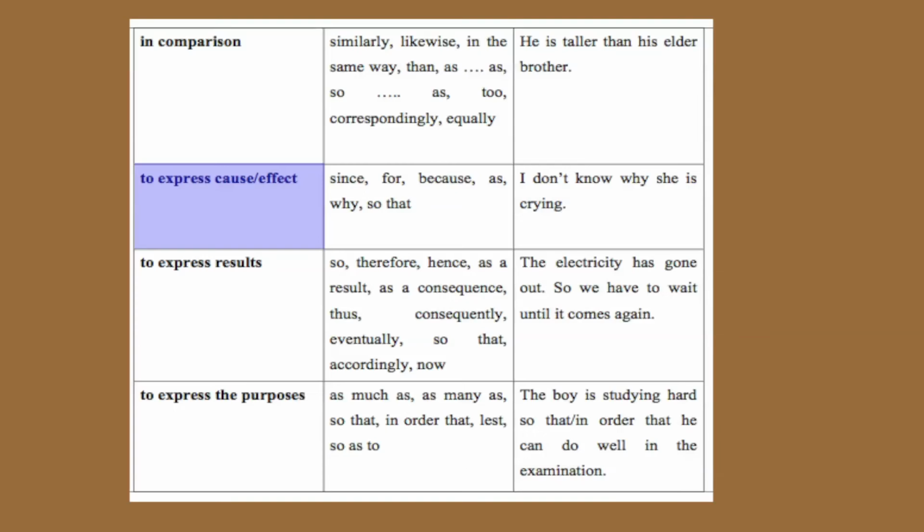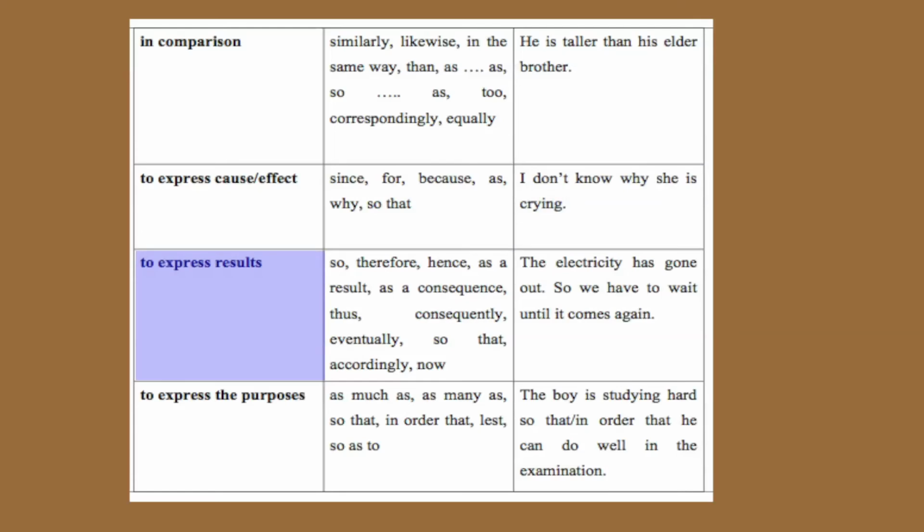Well, to express cause or effect, since, for, because, as, why, so that are used. Suppose I am telling you, I do not know why she is crying, this why is used as the transition or sentence connector in the sentence.